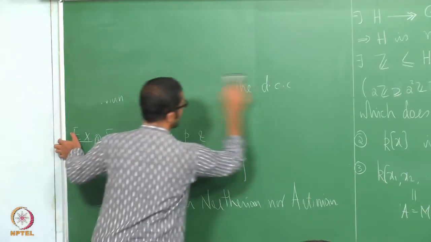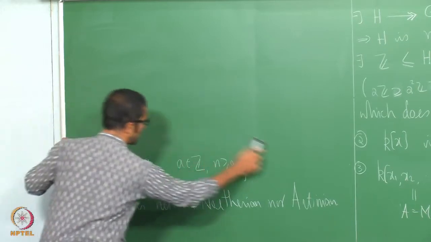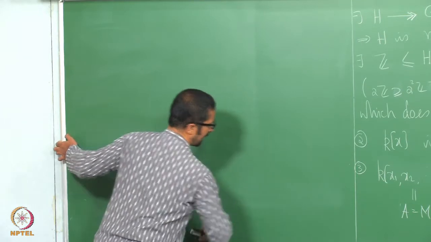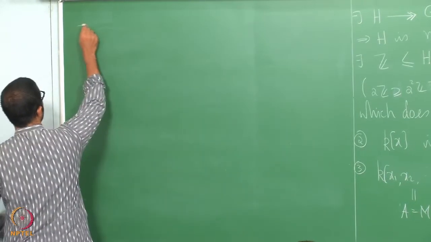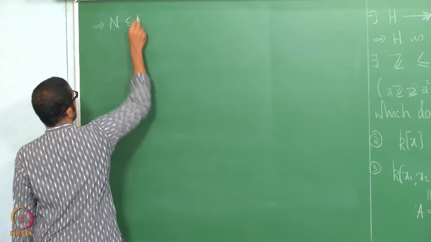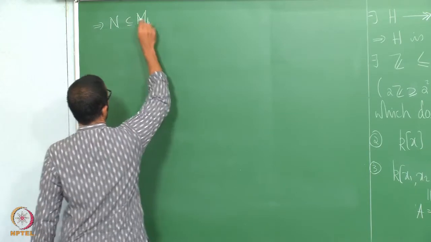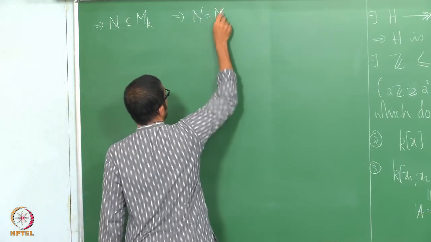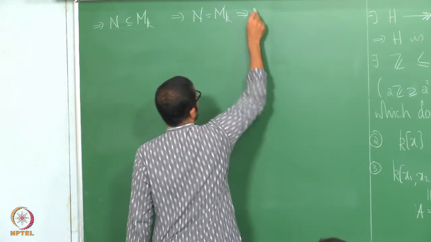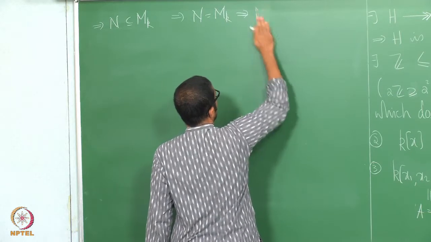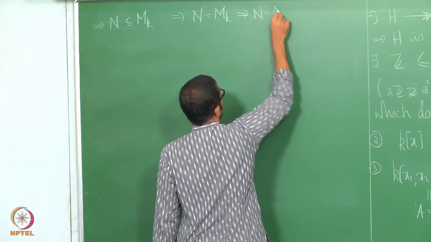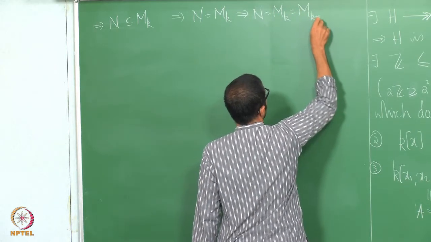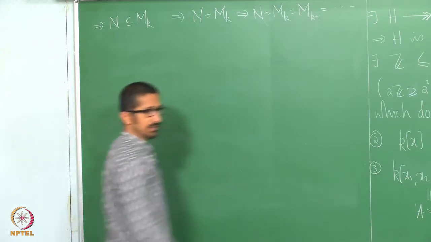Therefore, if those elements are there in Mk, that would imply that N is contained in Mk, but by definition all Mk's are contained in N, so N is equal to Mk, and that would imply that N is equal to Mk equal to Mk+1 and so on.